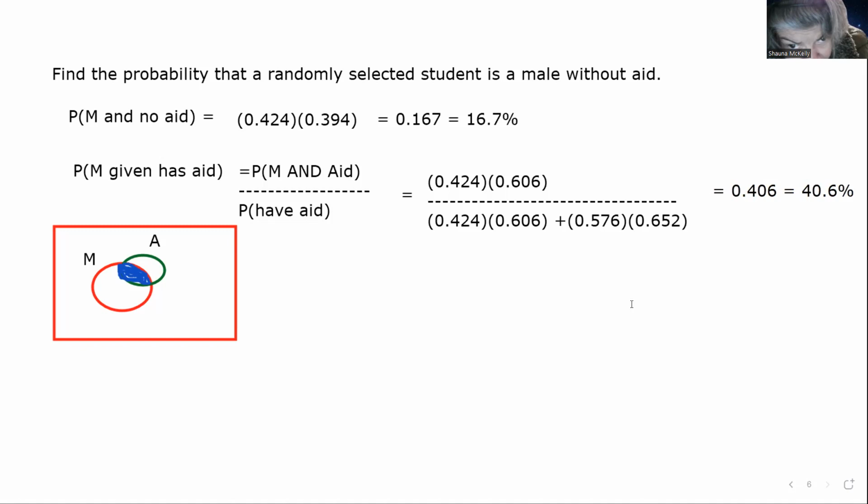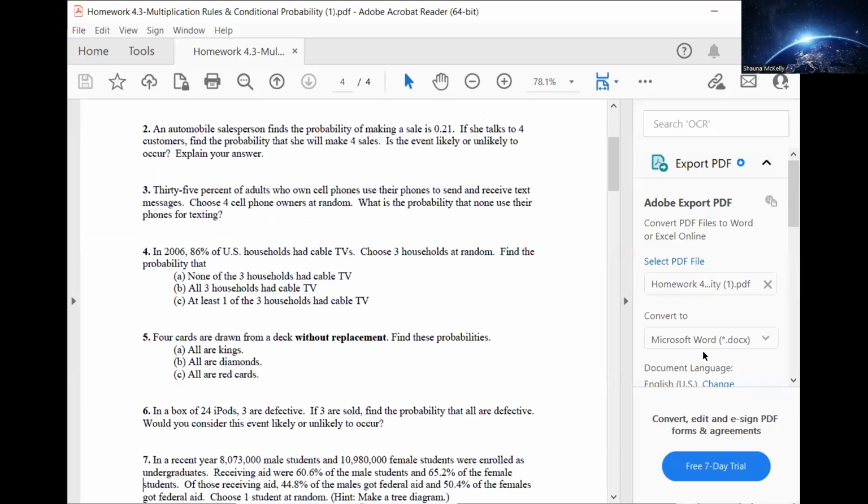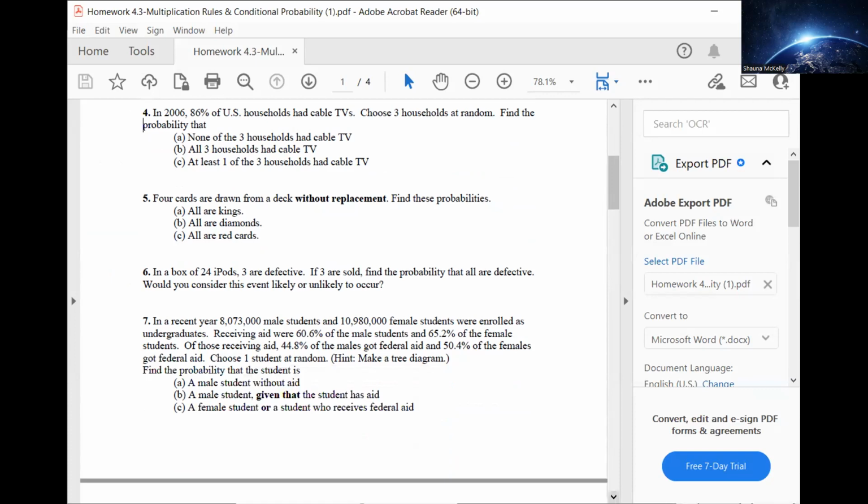Now, there's one more part to this question, so let me bring it up on the screen and we'll talk about it. Let me scroll back to the question itself. It says, find the probability that it's a female student or a student who receives federal aid.